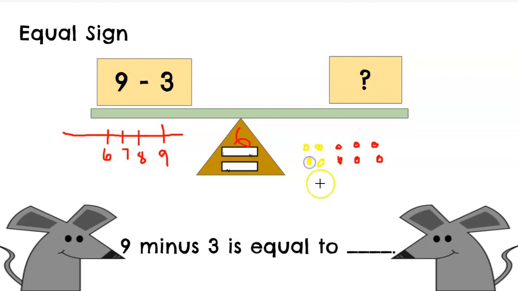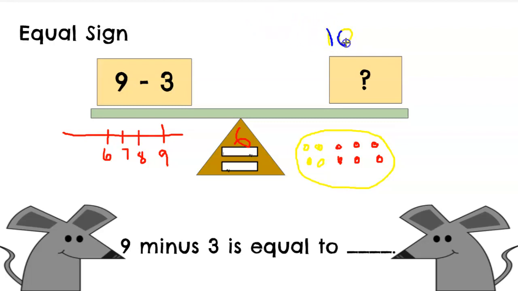Let's say I put 4. So in order to figure out my equation, I have to look for my big number. So I have to find the total of this to make my equation. So I go 6, 7, 8, 9, 10. So I have a 10 here. So I'm going to go ahead and write 10. Let me pick a color that we can see.